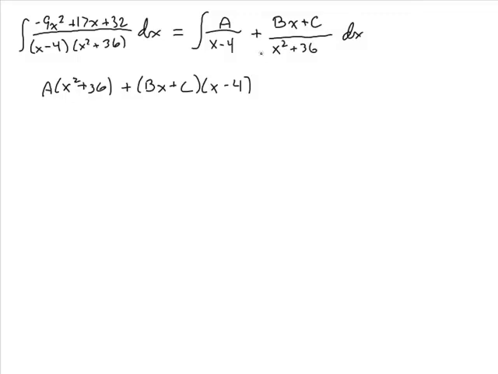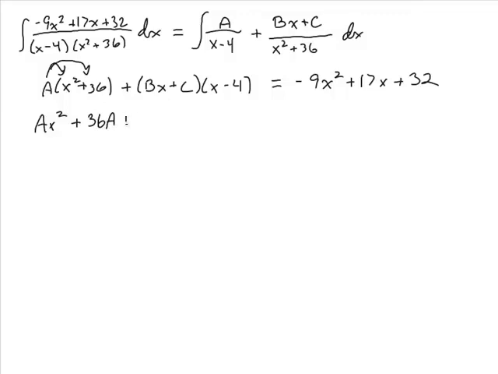So that is the numerator. If we were to find a common denominator and add these together, we want them to be equal to the numerator on this side, which is negative 9x squared plus 17x plus 32. Now we're going to multiply out the left-hand side so we can set up our system of equations. So we distribute the A, and we get Ax squared plus 36A.